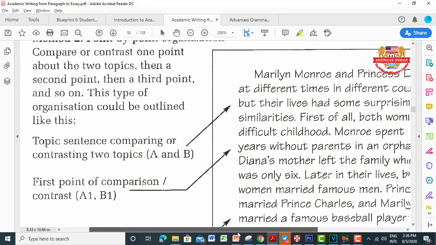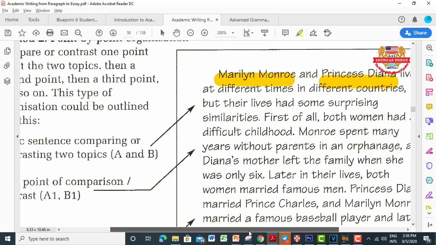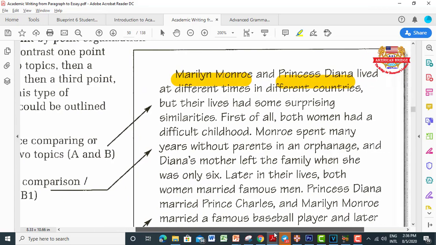So as you can see here, Marilyn Monroe and Princess Diana. Okay, so these are the two topics, A and B, right? They lived at different times in different countries, but their lives had some surprising similarities.